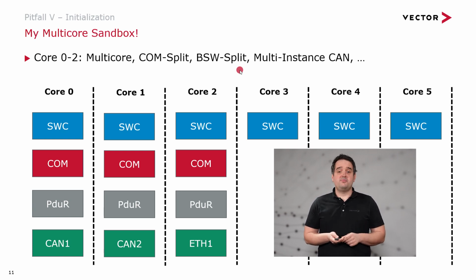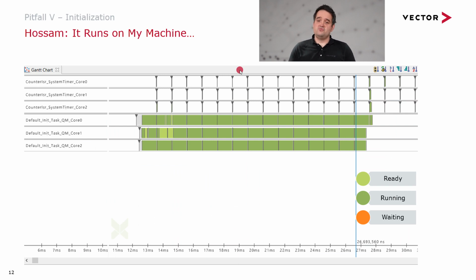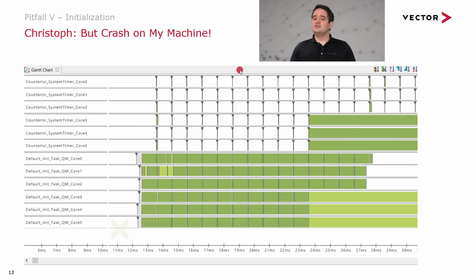Hossam's argumentation was like, the scheduling runs on my machine, but my answer simply was, it's not running on my machine, it's crashing. And you see, when we investigate all the 6 cores, core 0 to core 2 show a different behavior than core 3 to core 5.